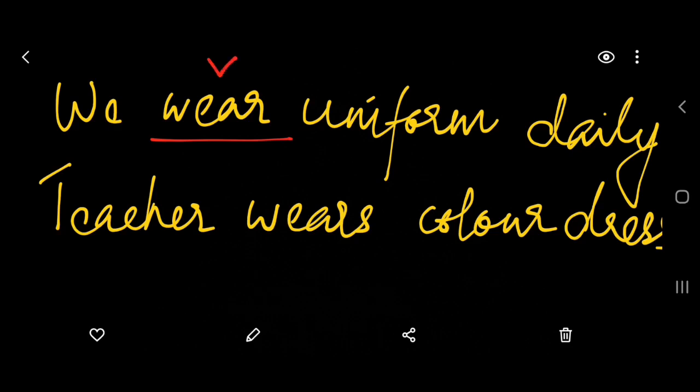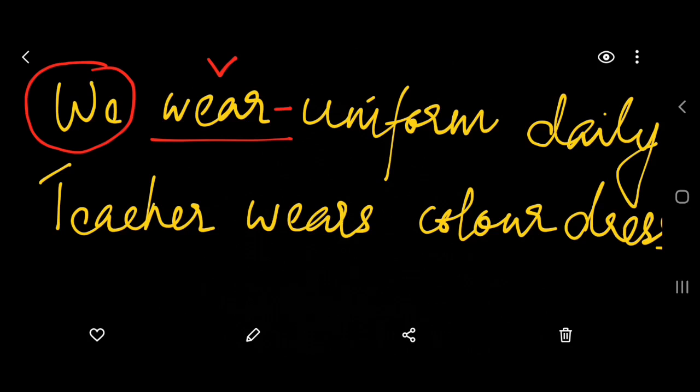Now, what is the subject in that sentence? Which is the subject? Yes, we is the subject. We is plural. ഒരുപാട് ആളുണ്ട്, ഒന്നിൽ കൂടുതൽ ആളുണ്ട്. Now we is plural, so there is no s here. Okay, so we use we wear uniform daily.